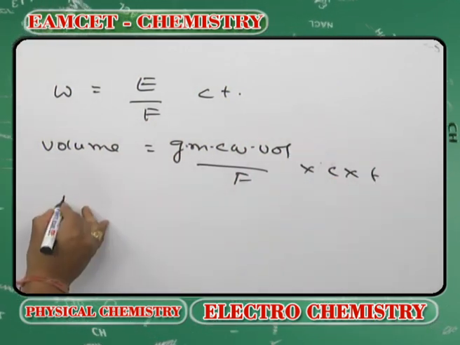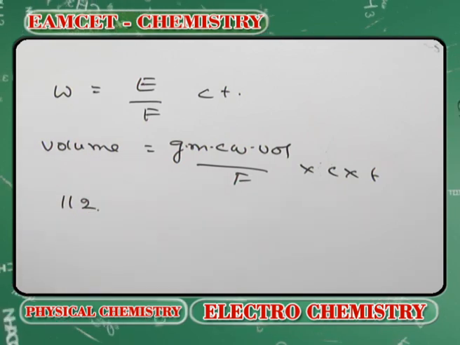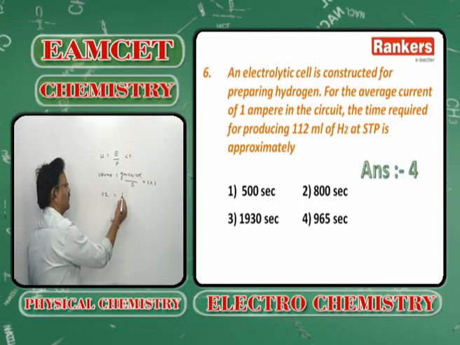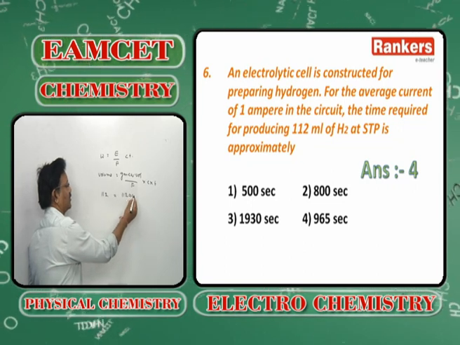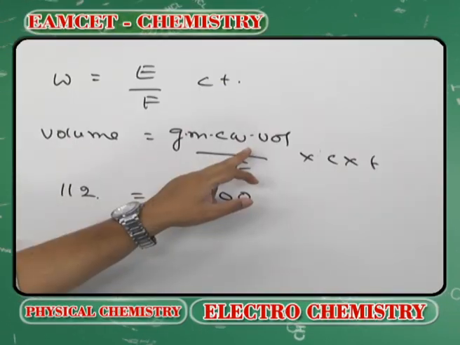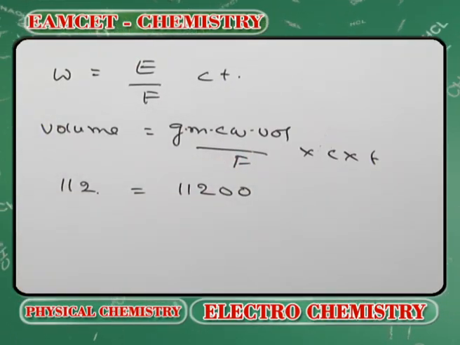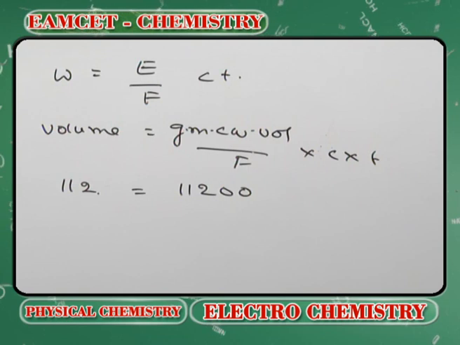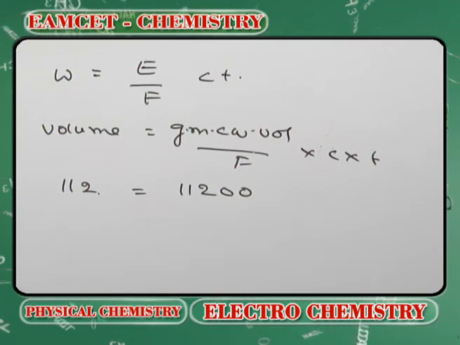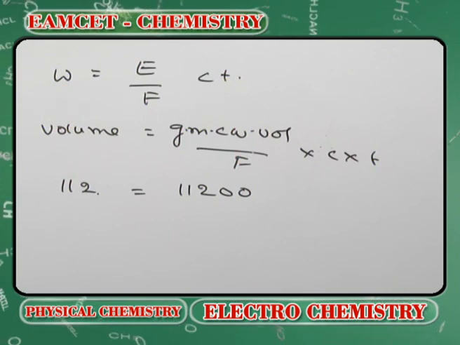What is the gram equivalent volume of the hydrogen? It is 11.2 liters, in terms of ml, 11,200 cc. How do you get gram equivalent volume of the hydrogen? Gram molar volume by its n factor. The n factor of hydrogen is 2.